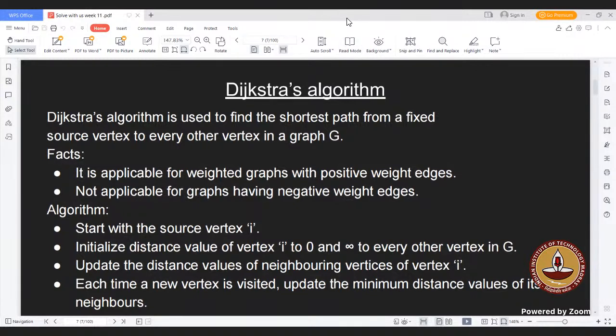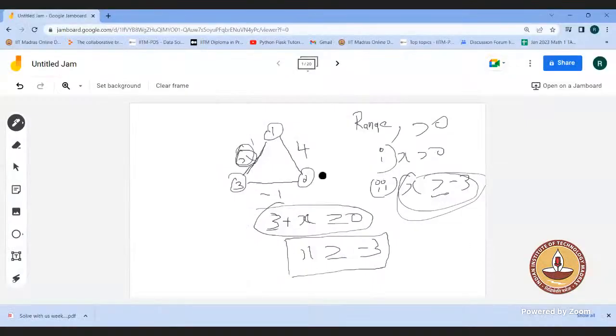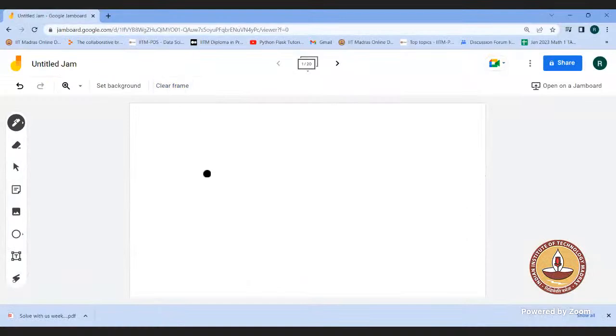I'll just share my board now. Suppose this is 5 or something, and this is 1, 2, and 3. The distance from 1 to 2 and 2 to 3 will be some K, and 1 to 3 will be A. Let's assume these are the distances.